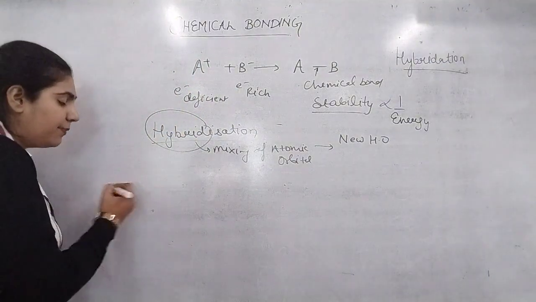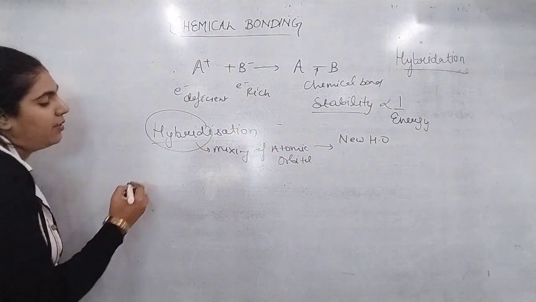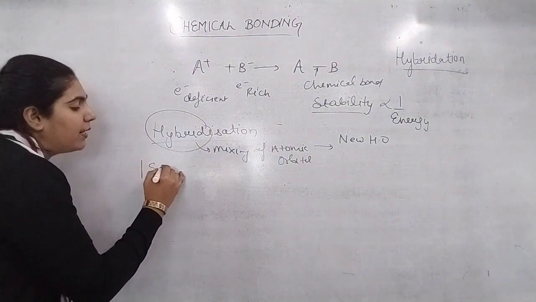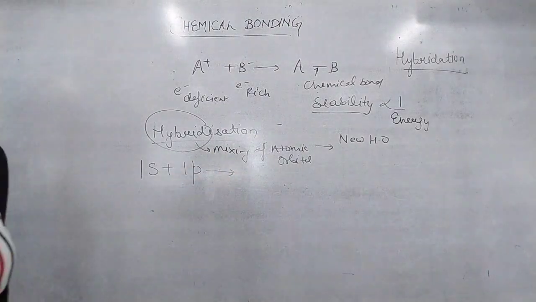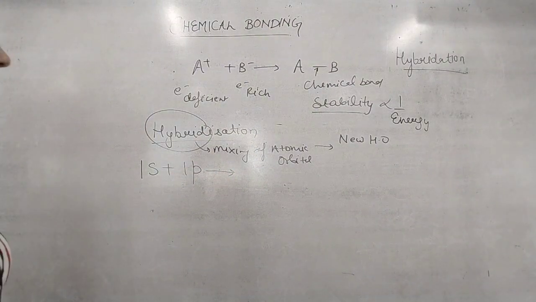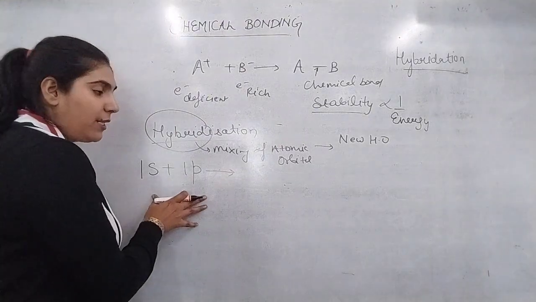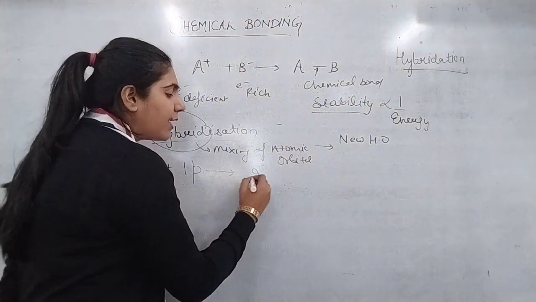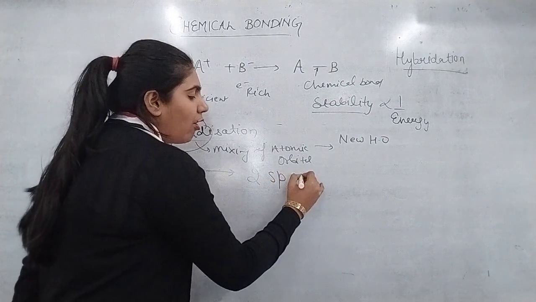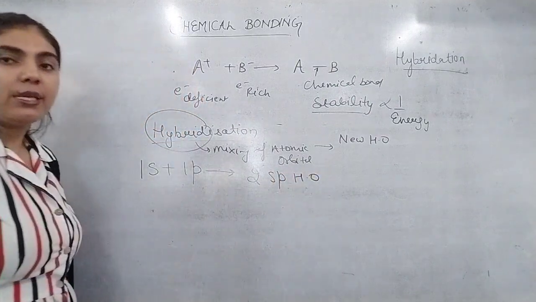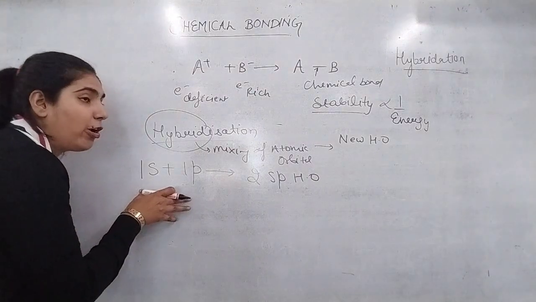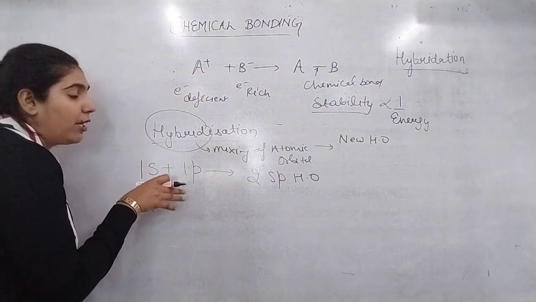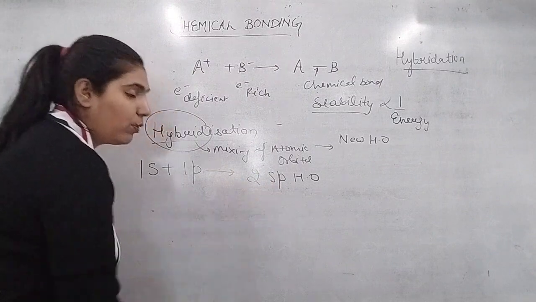Now let's see, for example, an atomic orbital of s and an atomic orbital of p. One s and one p are combining. What would happen? They will give 2 sp hybrid orbitals. The number of atomic orbitals would be equal to the number of hybrid orbitals.